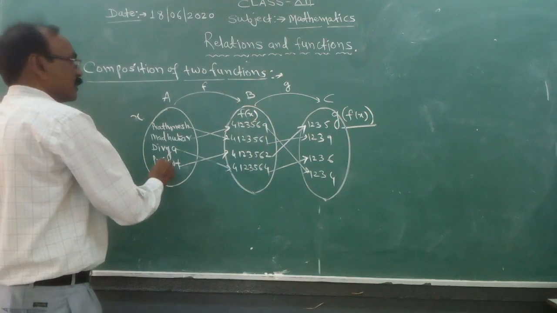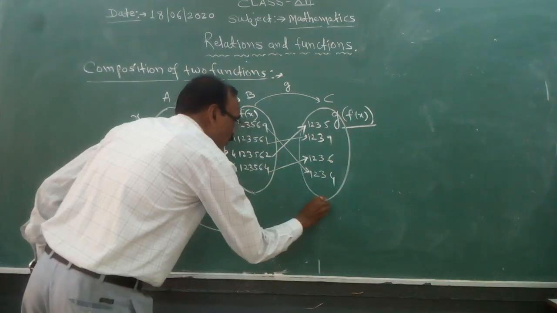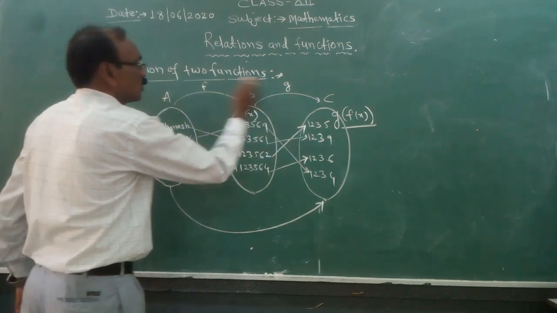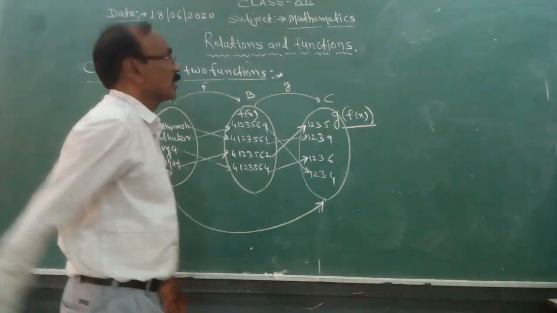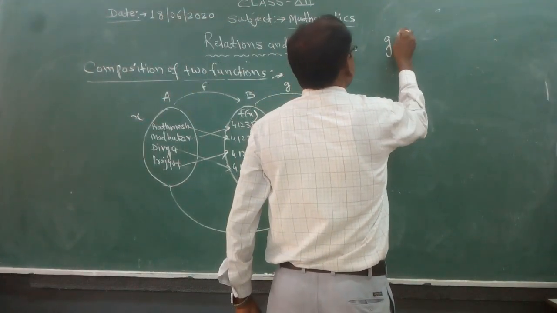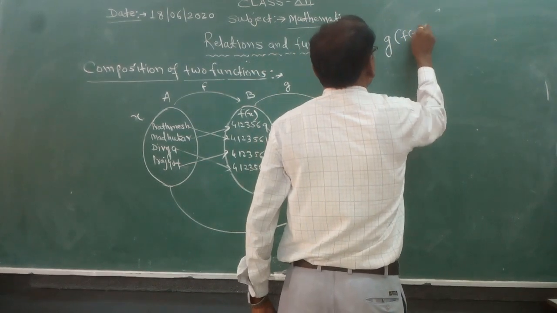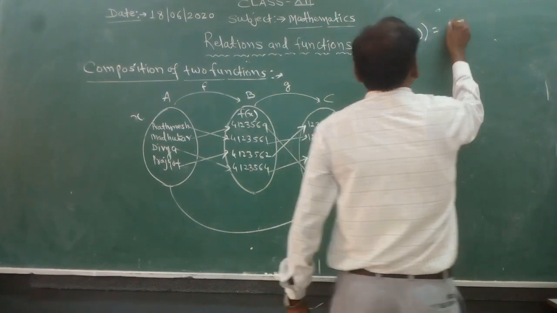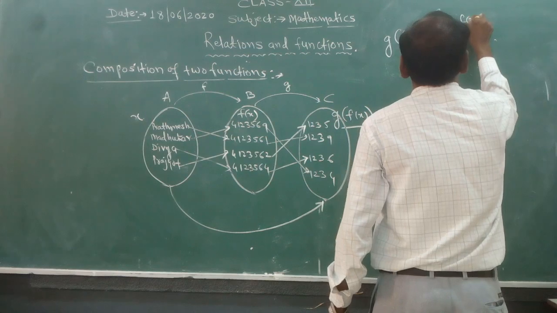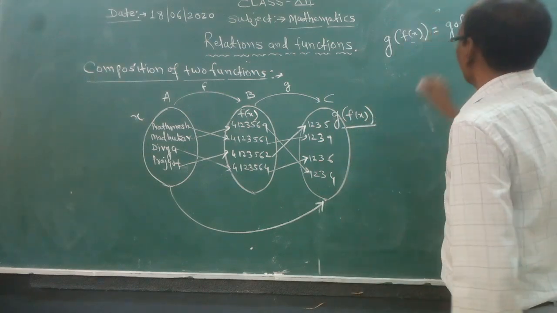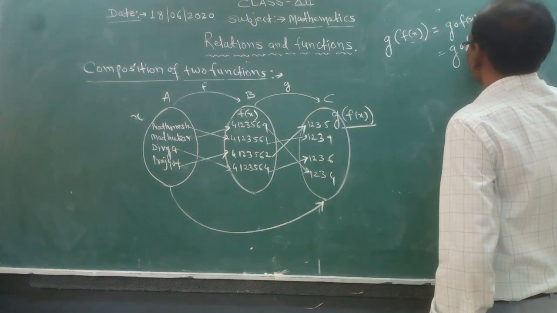So you get directly from A to C, g of f of x, and this g of f of x is denoted as g circle f of x, or simply g circle f.